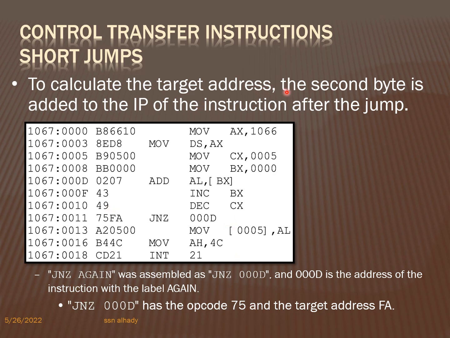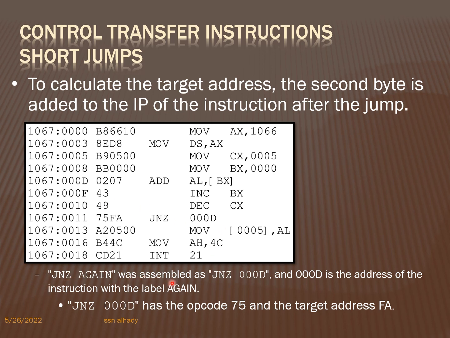To calculate the target address, the second byte is added to the instruction pointer of the instruction after the jump. This is the address of the instruction pointer of jump non-zero.